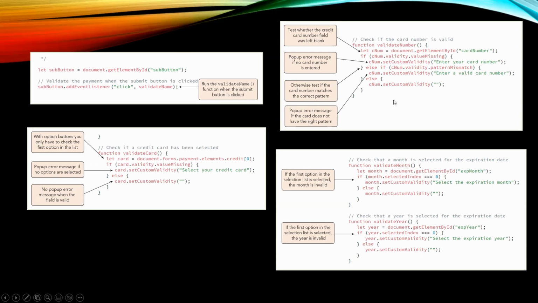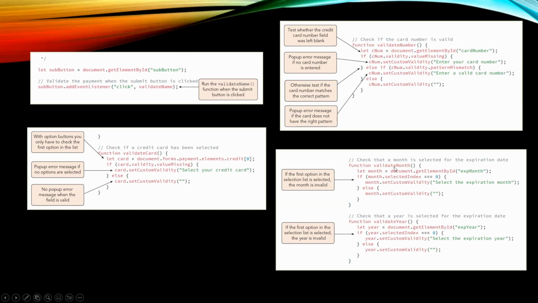Otherwise, it's going to be okay and it's just not going to put a pop-up message. So for the credit card, I'm doing 2 different validations within this function within my if and else if. I'm doing value missing, so if there's no value in it at all, and then I'm doing the pattern matching.